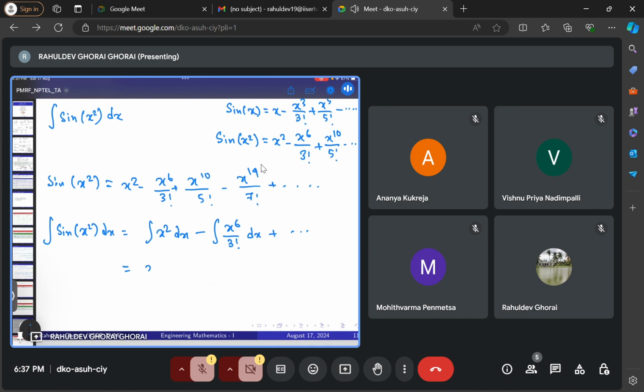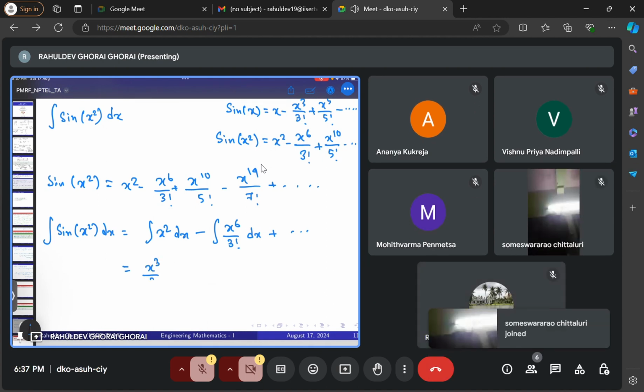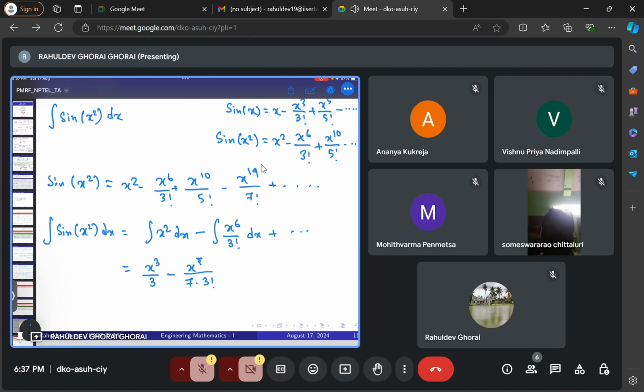So what will be there? x cube by 3 minus x to the power 7 over 7 times 3 factorial, plus, for x to the power 10, x to the power 11 over 11 times 5 factorial, minus x to the power 15 over 15 times 7 factorial, and it will keep on going.